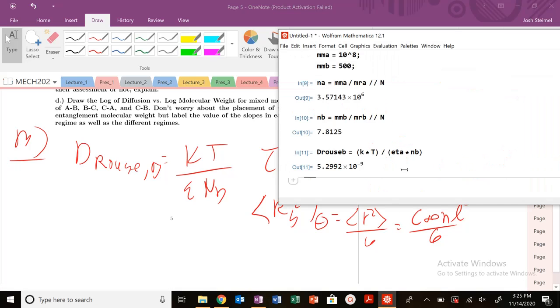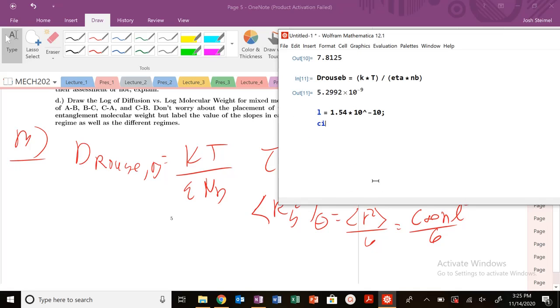Let's go ahead and finish out this problem. So L equals 1.54 times 10 to the minus 10. I'm going to say that C inf B is equal to 10, while my C inf A is equal to 6.9. That's actually what it is for polystyrene. I did that research a little bit ahead of time.